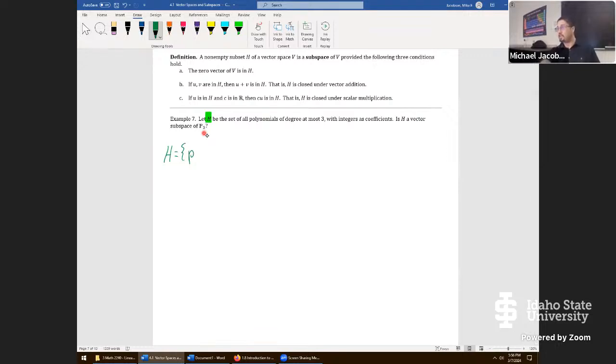And we can say right here, P in P3, then the colon to say such that P of T equals, now we can indicate the function. It would be something along these lines. Degree at most 3 means there's an A3 coefficient, T to the power 3, A2 times T to the power 2, A1 times T plus A naught.